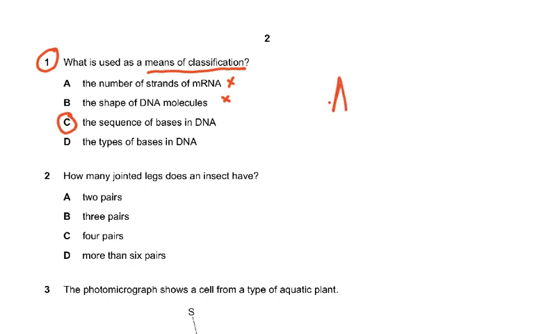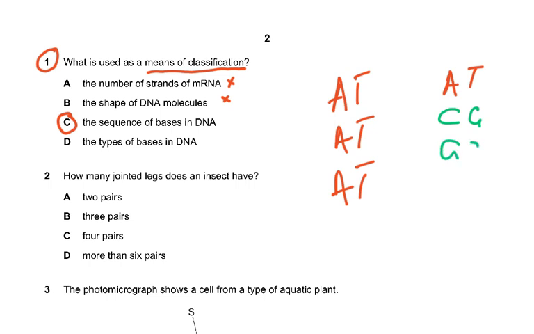So in the classification, this is the sequence in one animal, this could be the sequence in the other animal. So the thing is that it is the sequence of bases in the DNA which is used as a means of classification. The types of bases, why is that wrong?